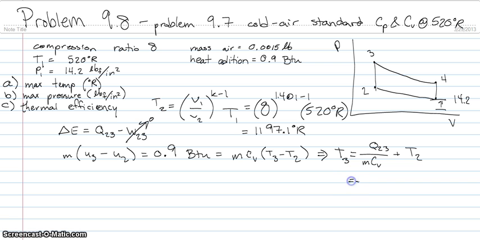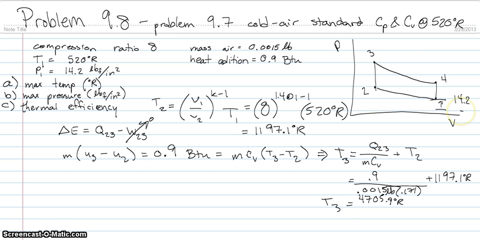When we plug in the information we have for this, we get 0.9 over 0.015 pounds times 0.171, and then you add the temperature we solved for up here, 1197.1 degrees Rankine. This all ends up solving out to 4705.9 degrees Rankine, which is the temperature of state 3.